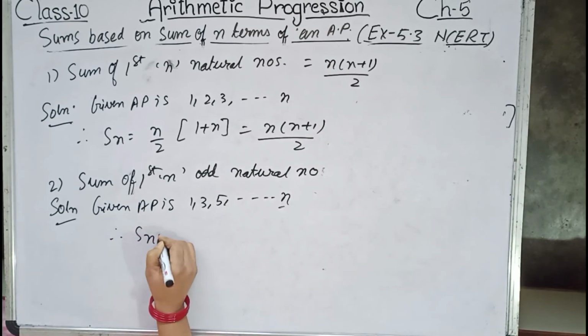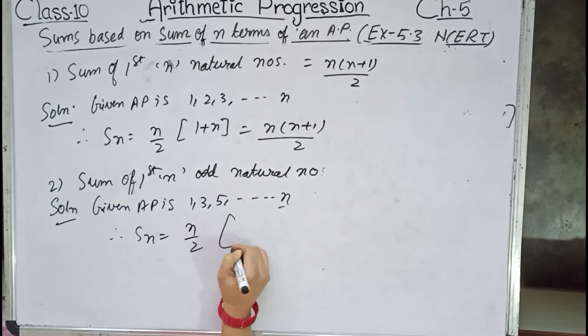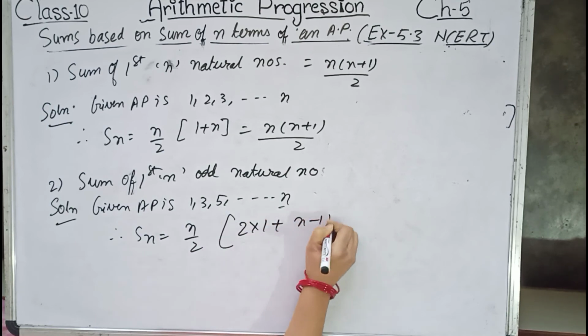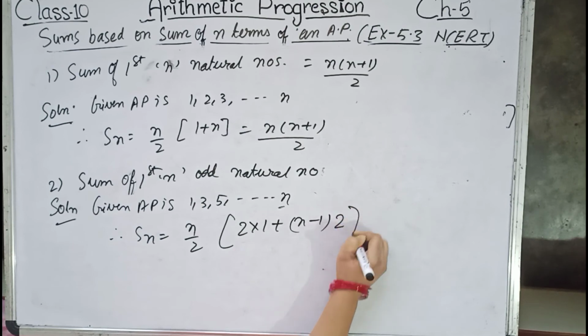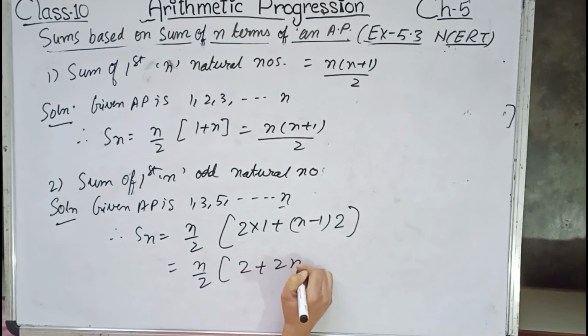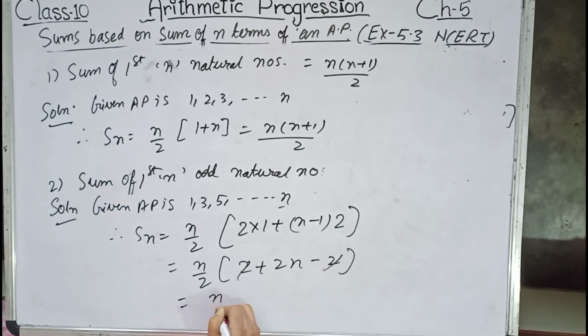Therefore Sn equals n by 2, 2a plus n minus 1 into d, because common difference over here is 2. So it will come as n by 2, 2 plus 2n minus 2. So it will be n by 2 into 2n, that is n square.